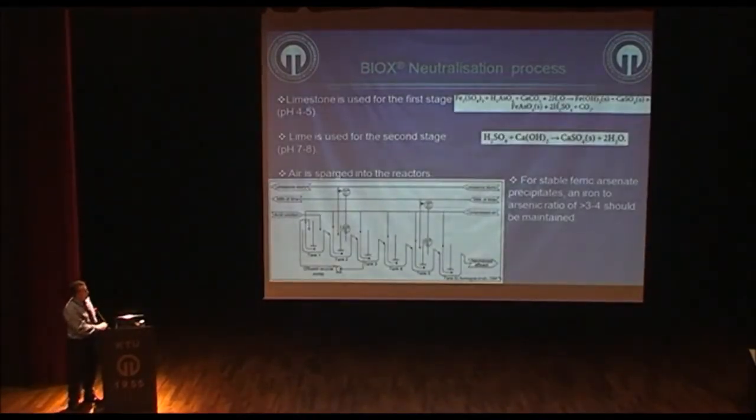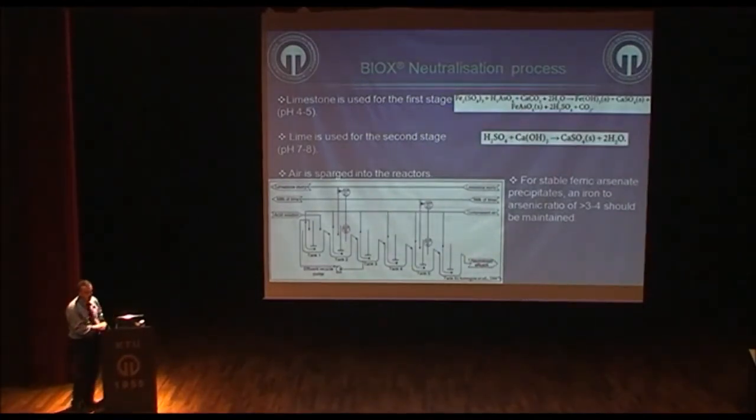Limestone is used for the first stage of neutralization, which is carried out in two stages. In the first stage, the pH is increased to pH 4 or 5 to precipitate arsenic as ferric arsenate.